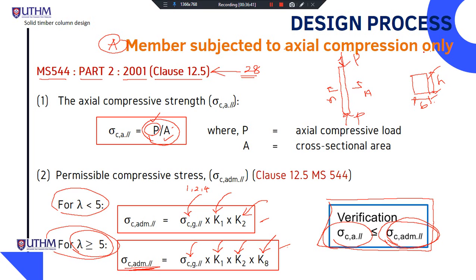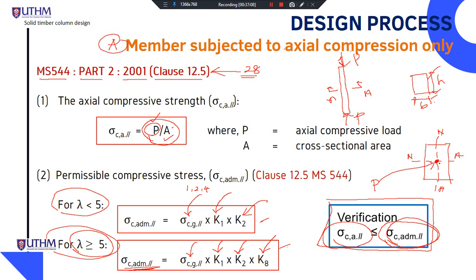So this member is subjected to axial compression only. When this loading, this P, the location of the load is exactly at the centroid of the column. Okay, so here is the centroid of the column, and here is the load.